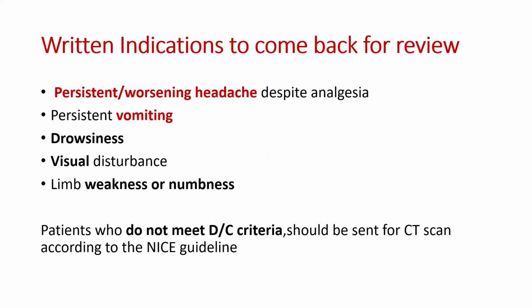If they have drowsiness, visual disturbances, limb weakness or numbness of any of the limbs. If they get any of these symptoms, they have to come back to the hospital for review. And we are supposed to write this advice on the discharge form when we are sending these patients home.